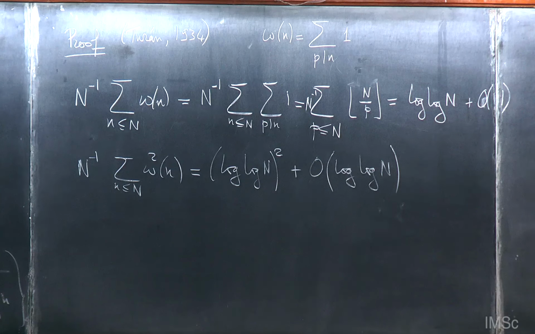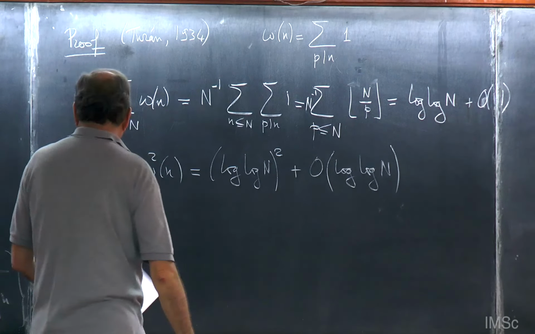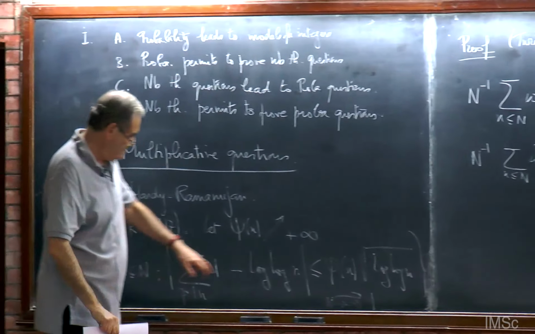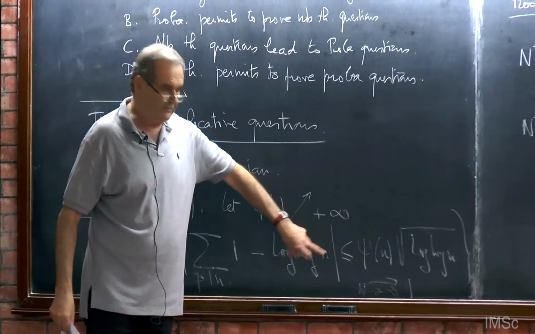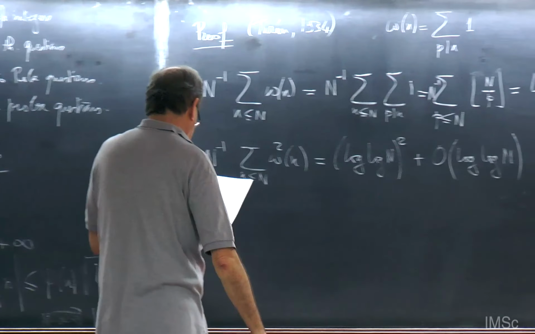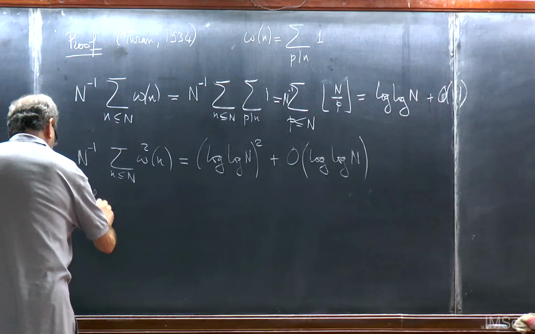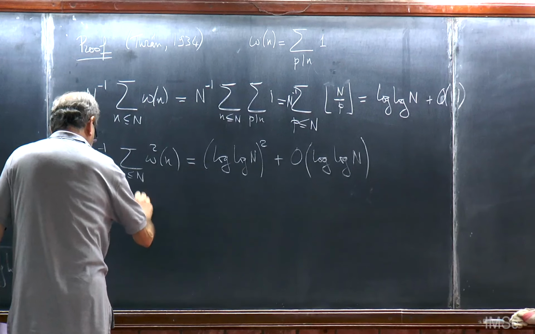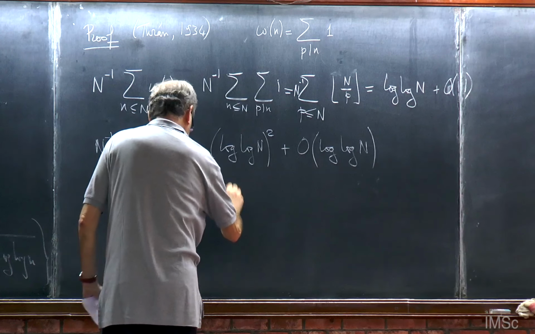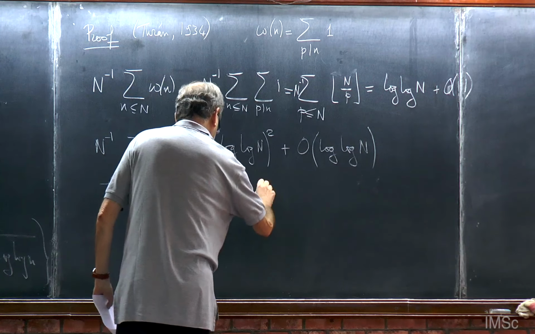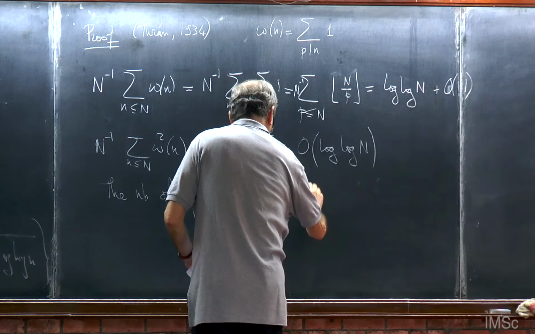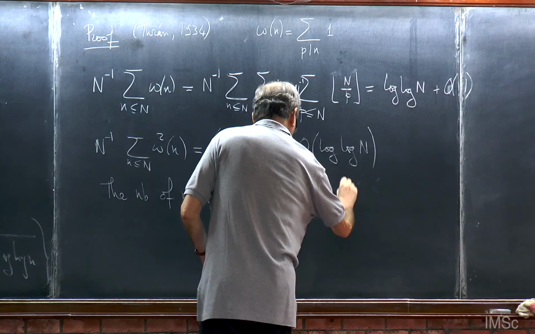Good. Now what you do is the following. You are counting the number of n up to capital N for which this is false. That is to say, for which this is larger than that. Now what Turan is doing is saying the following. The number of n up to N for which, so you want it to be false, that is to say that what you are writing is omega of n minus log n.